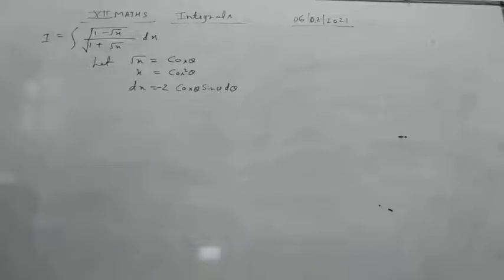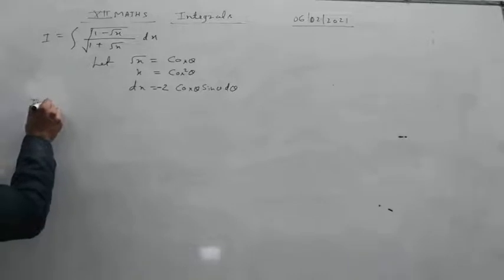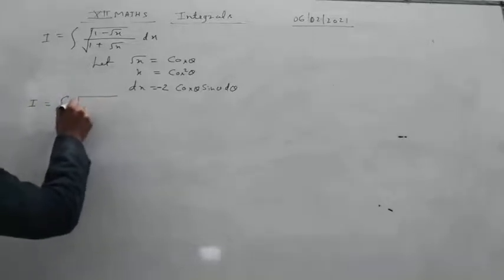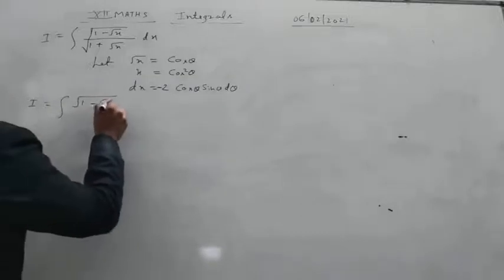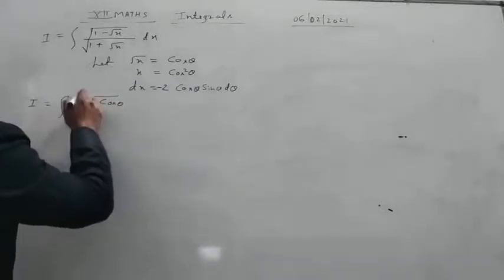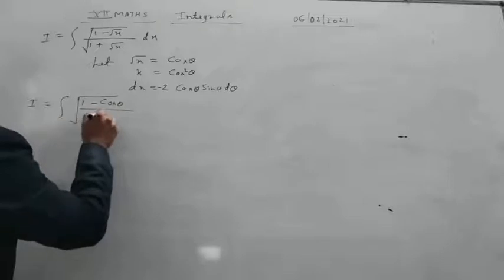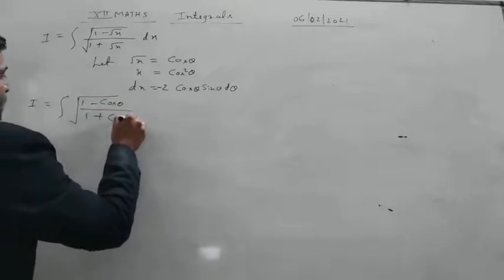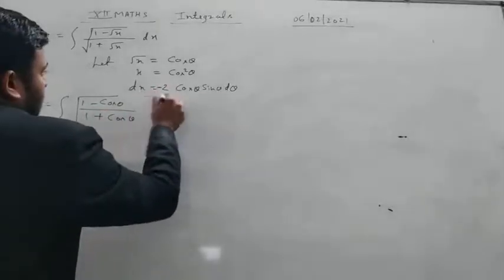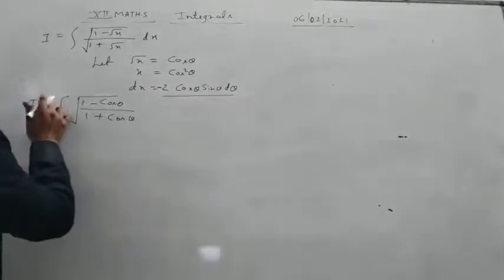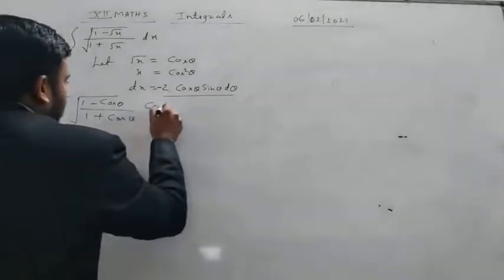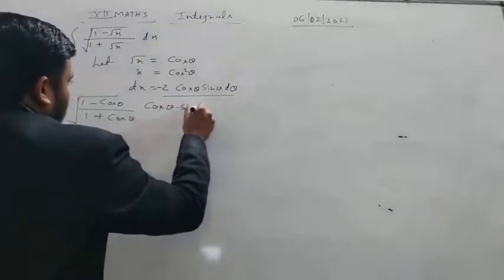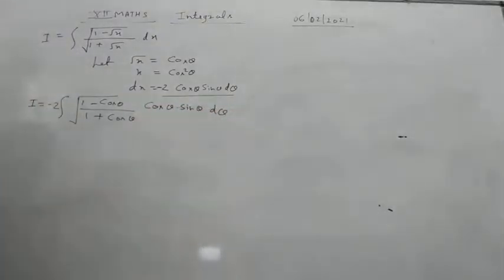Now we replace this and we write I is under root 1 minus cos theta over 1 plus cos theta, and at the place of dx we can write minus 2 cos theta sin theta d theta.